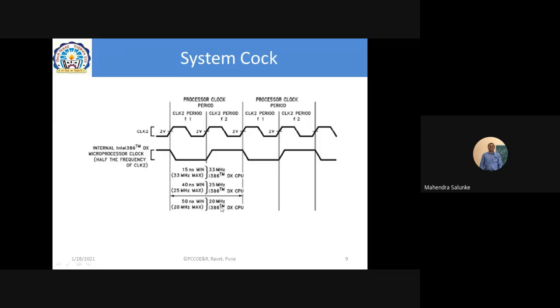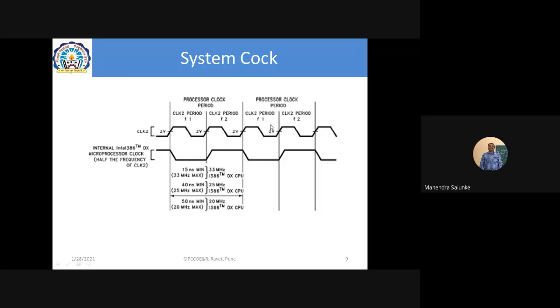The CPU frequency is your processor frequency, and the associated CLK2 will be double of it. So if your processor is a 20 megahertz 80386, CLK2 will be 40 megahertz. We need to remember this: the external clock frequency is double the processor clock.